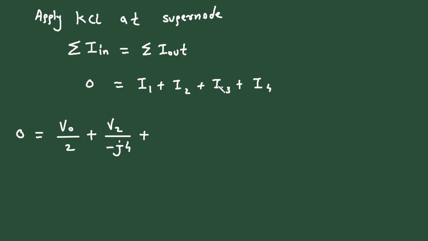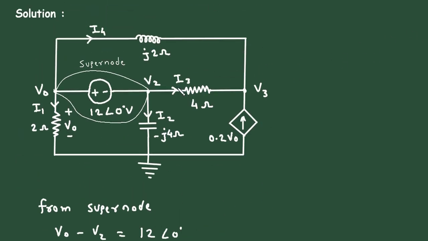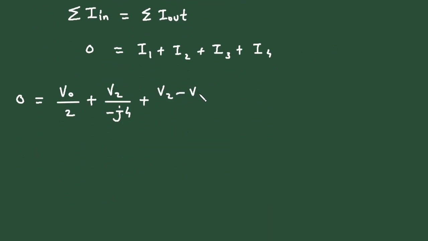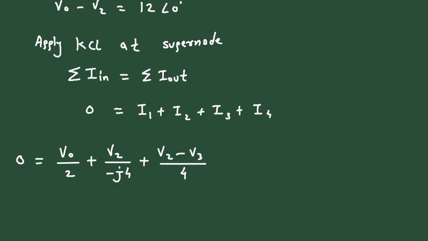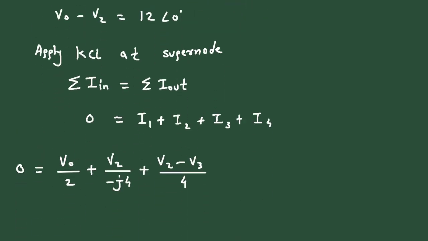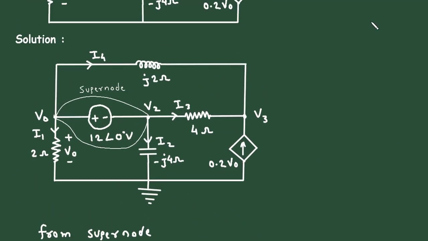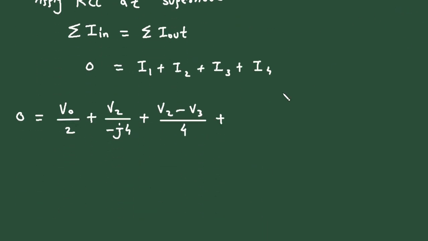Then next I3. So here I3 is V2 minus V3 divided by 4. Then next is I4. So here I4 is VO minus V3 divided by J2.